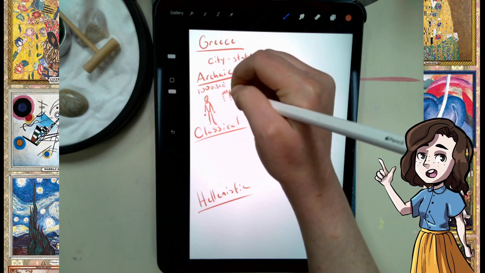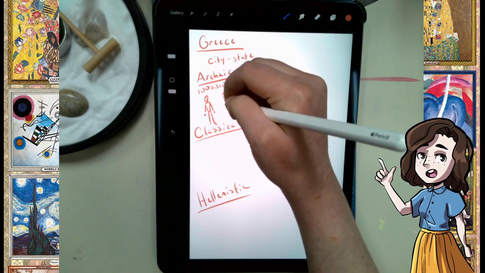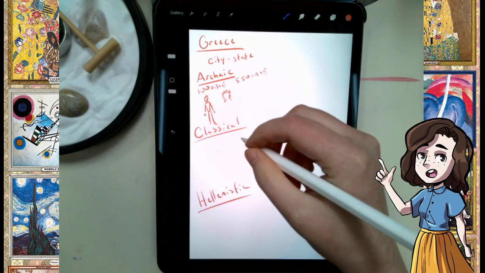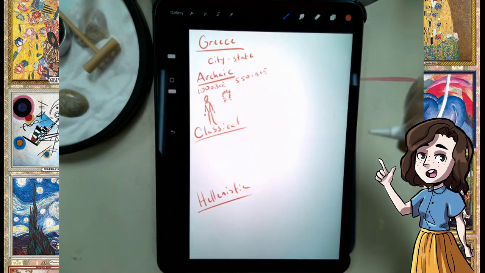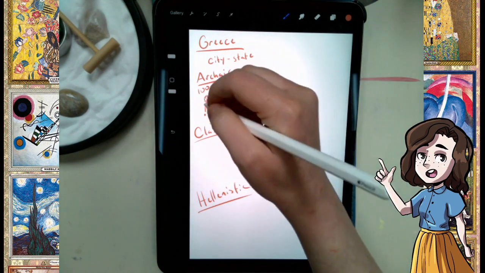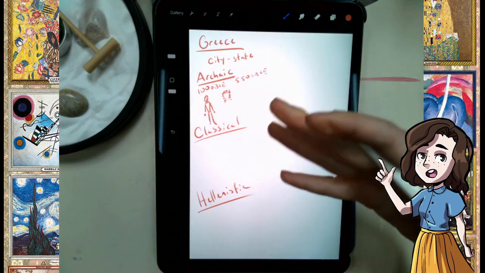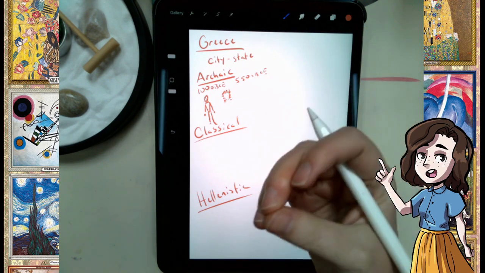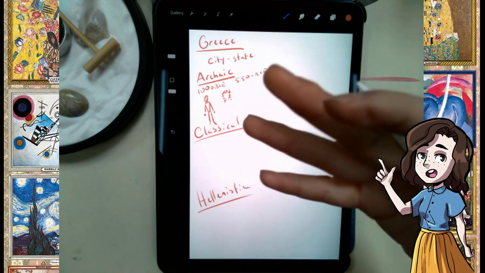So we have Anavysos Kouros and the Peplos Kore. We see that braided hairstyle and the Egyptian pose on Anavysos, and we have this contrast of the ideal male youth. Kouros means young man, Kore means young woman. The Kouros statue is nude, and we see this development of the ideal man being this muscular, toned, but youthful body portrayed in the nude.